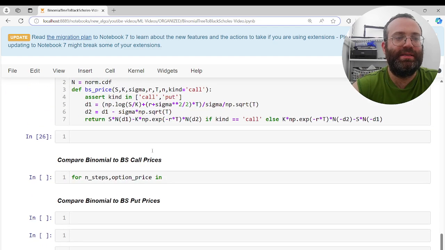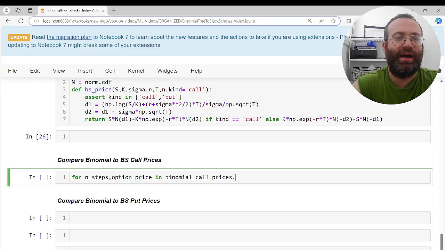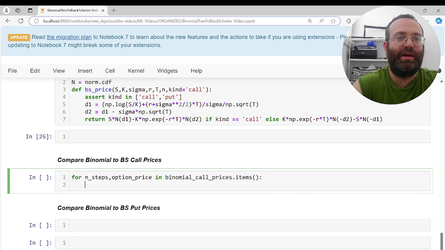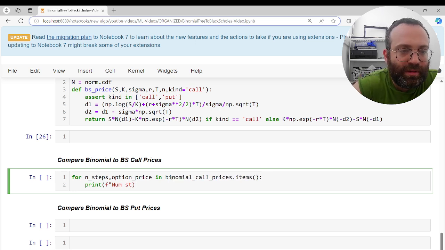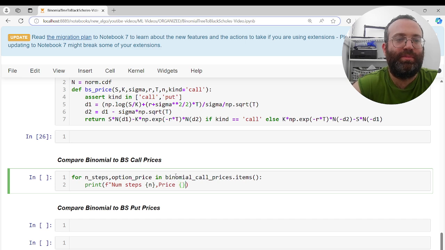binomial call prices dot items, and then I'm going to do print f num steps, n steps, price.